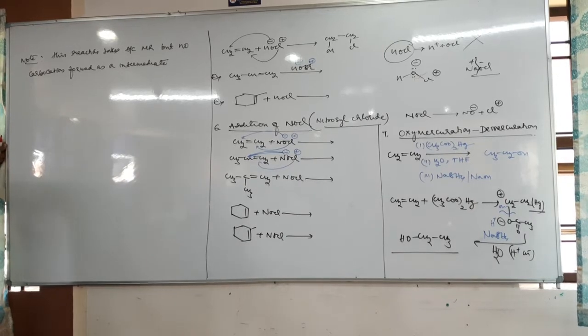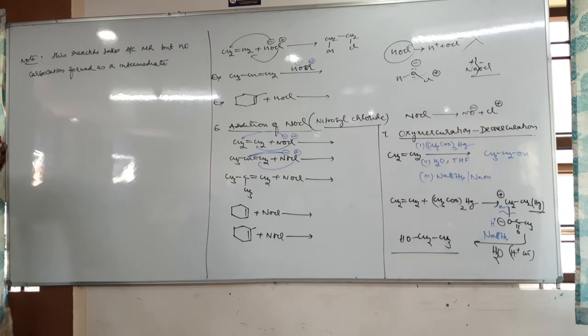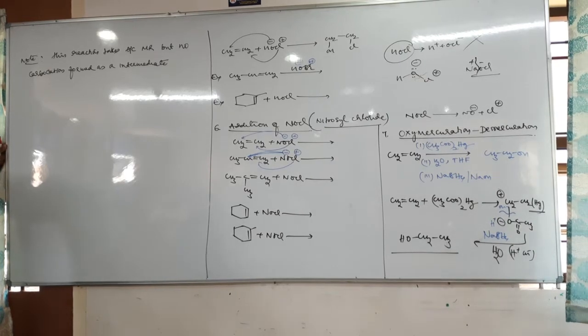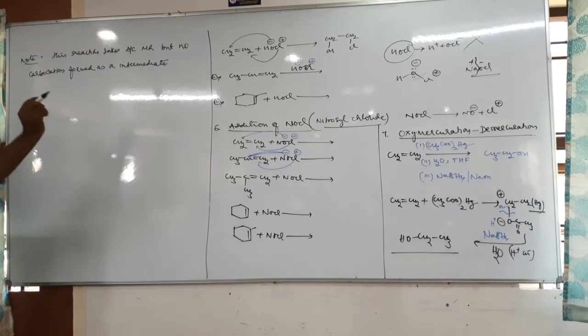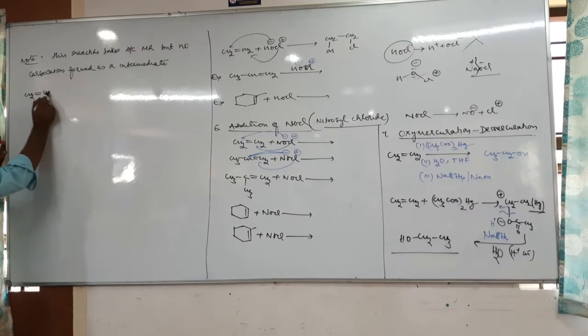So this reaction takes place according to Markovnikov rule, but no carbocation forms as an intermediate. So therefore, now tell me, writing the product is important.